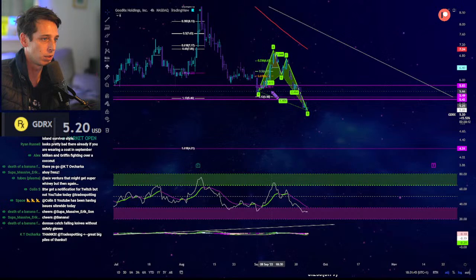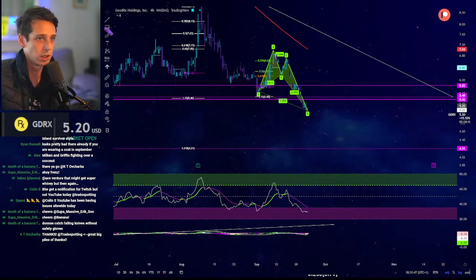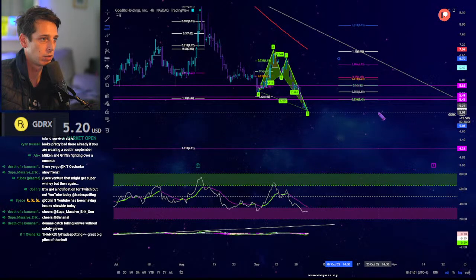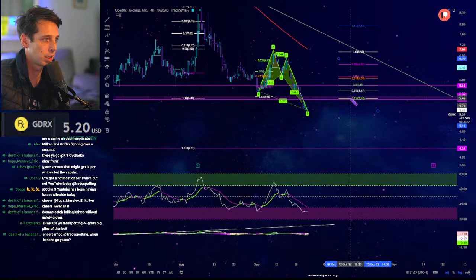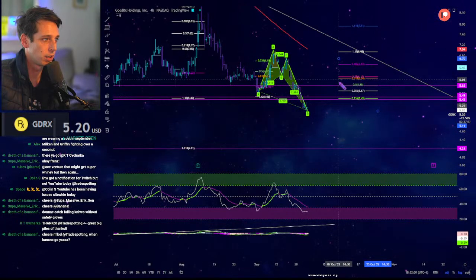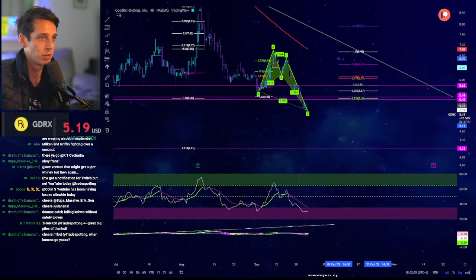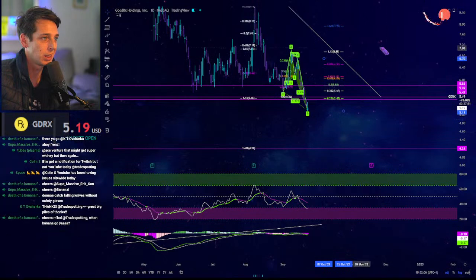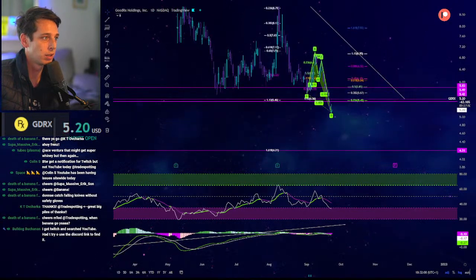We can draw it out, just take it from the C. Don't want to get too excited because it's all guesswork anyway. 545 is what you're looking to break. If you get back above, call it 550, you could kick it to 6. There's a 200 period moving average there on the 4 hour. Where is it on the daily?